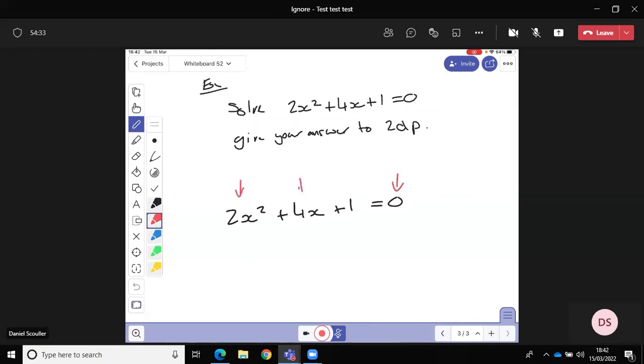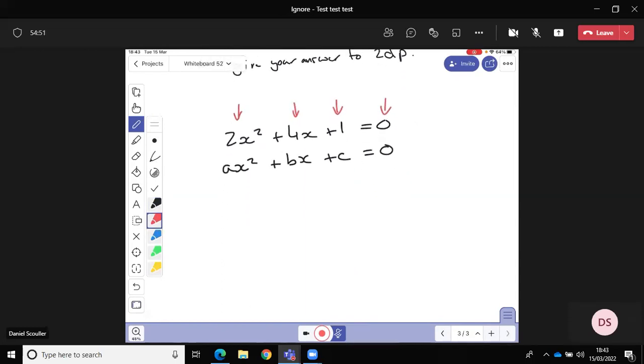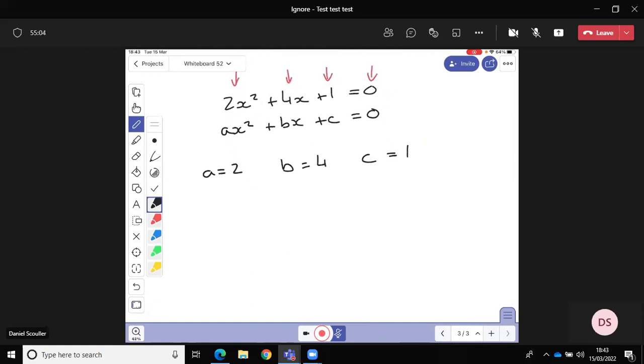If I then write ax squared plus bx plus c equals 0, I can very quickly extract the numbers I need. So a is equal to 2, b is equal to 4, and c is equal to 1. Those are the numbers I'm going to put into my equation.